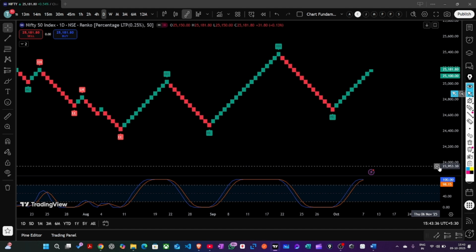If you are against the major trend, if the major trend is a downtrend, and you're on the opposite side trying to buy stocks, there is a high probability that you will make no money there, right? So it is important for us to understand the type of trends currently operating in the market at both the macro level and the micro level, for us to align ourselves towards that particular direction.